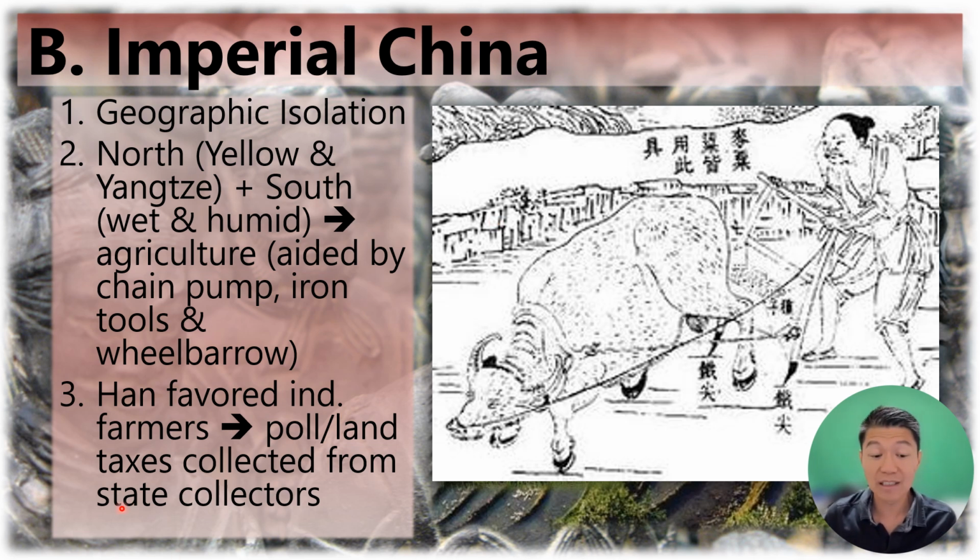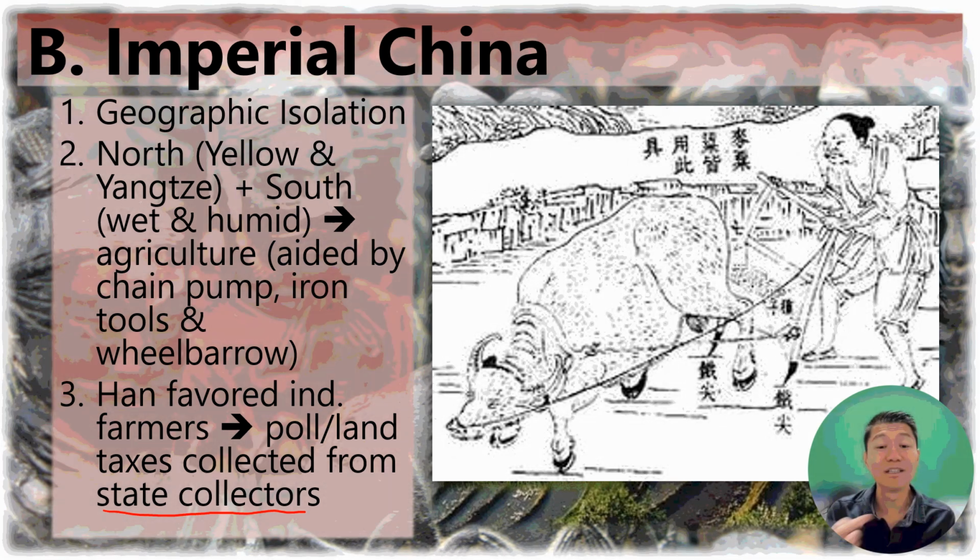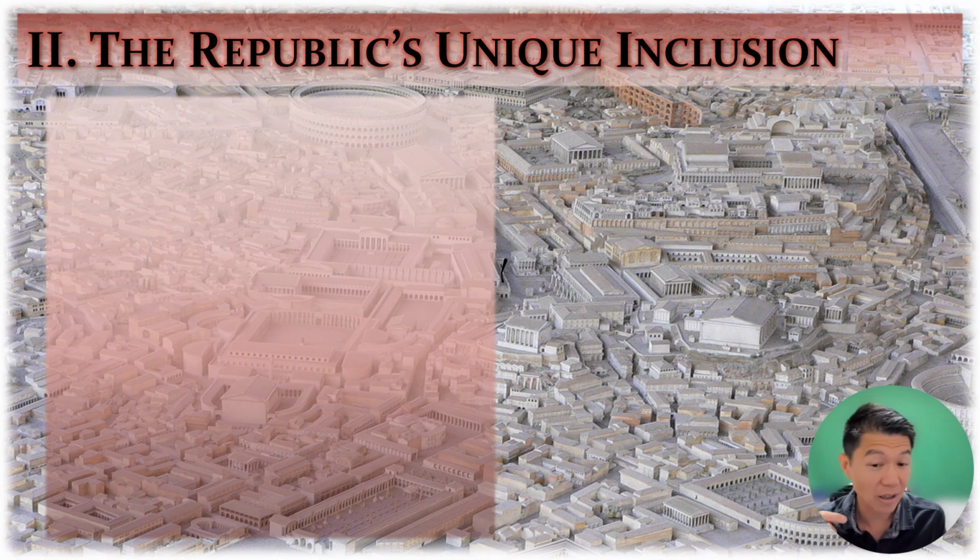Right? And so state tax collectors, these very powerful scholar gentry and other bureaucrats, will collect the taxes that is necessary for the revenue in building a state. Okay? So we have the environmental advantage for both Rome and the Han Dynasty.